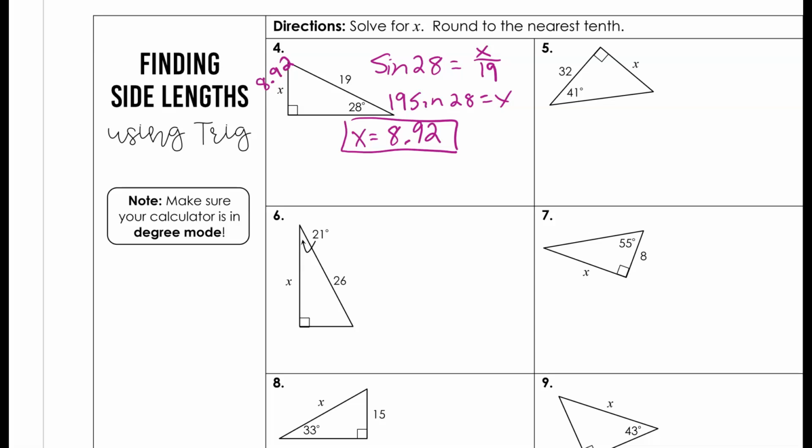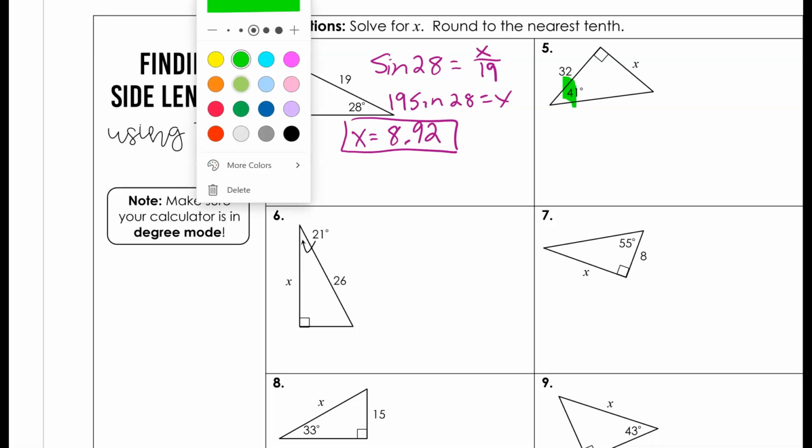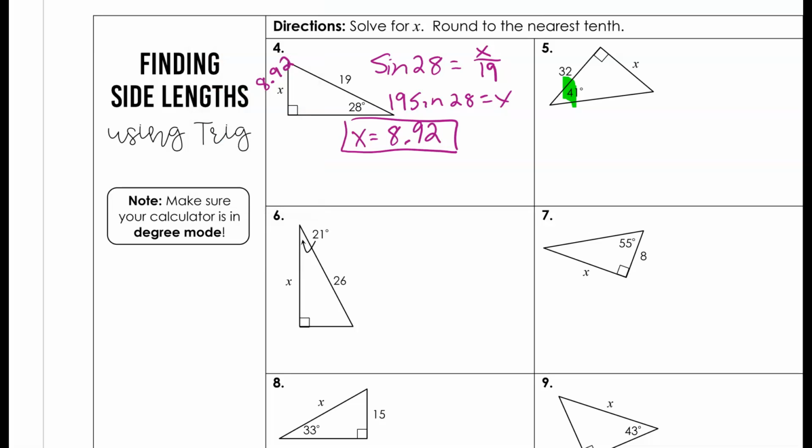Okay, class, as promised, I'm making a video for finding the side lengths using trig. What I'm given here is an angle measurement, and I have to go by what is given to me. The angle measurement is given opposite over adjacent.